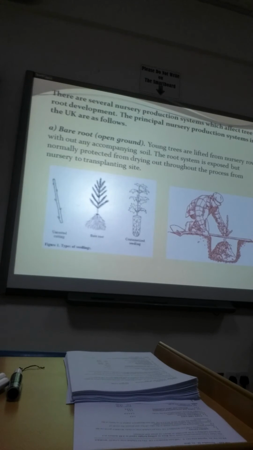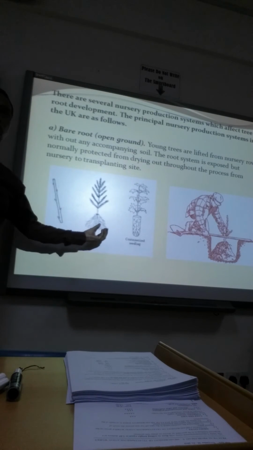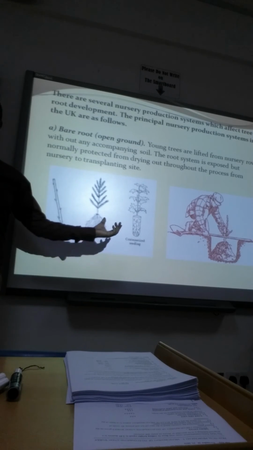Therefore, there are several nursery production systems which affect tree root development. Bare root. What is bare root? Young trees are lifted from nursery rows without any accompanying soil. This is called a bare root if there is no soil.